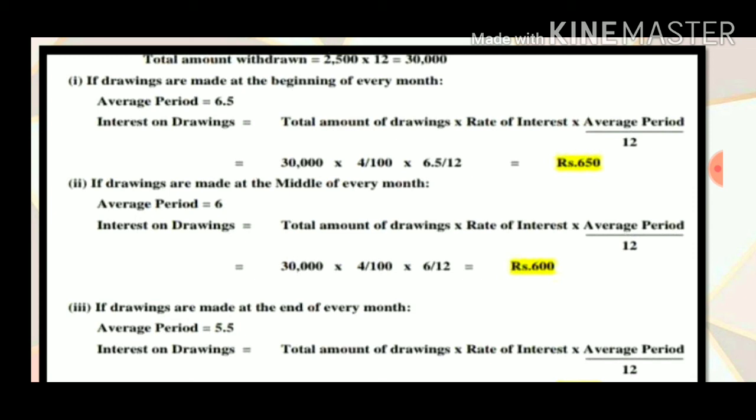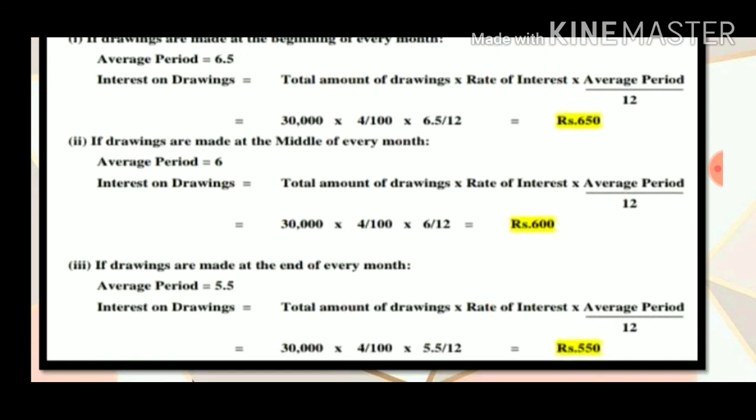So the total amount is already found, 30,000 into 4 by 100, and for the end of every month we take 5.5. So 30,000 into 4 by 100 into 5.5 divided by 12, we get rupees 550.